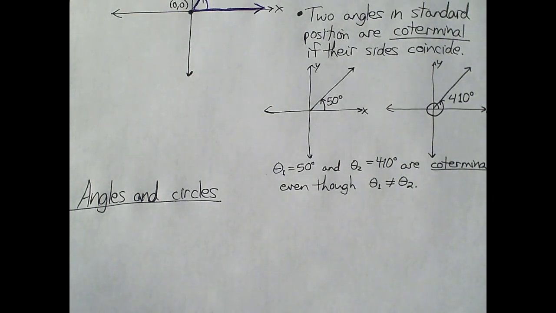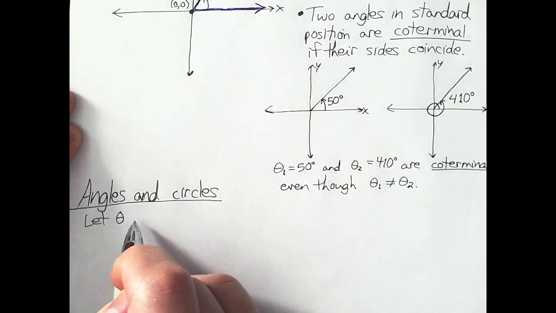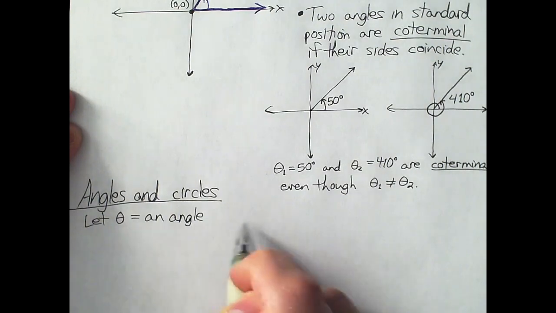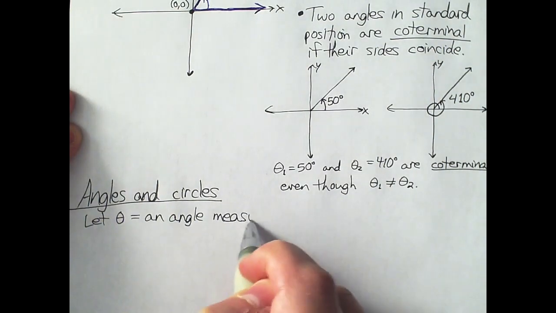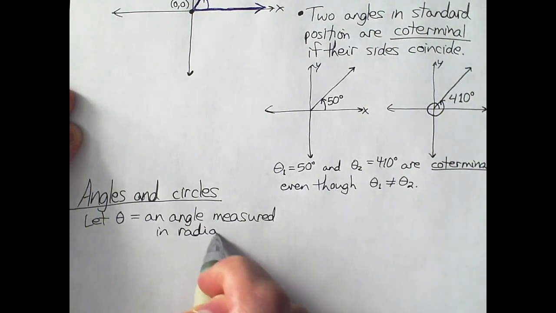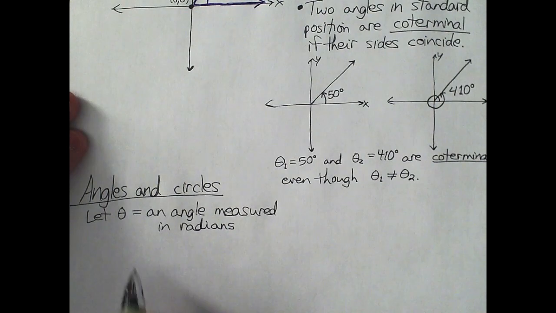Maybe we could see how angles could tell us some things about circles. So what I'm going to do is let theta equal an angle measured in radians. For the purposes of this discussion, we're specifying that it's measured in radians.